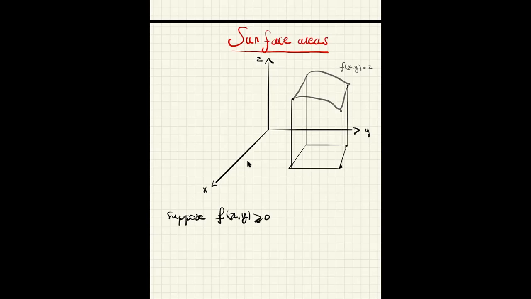We'll start with a rectangle, just as we did with integration to compute the volume above any rectangle. We would like to compute the surface area that is bounded by these four planes.